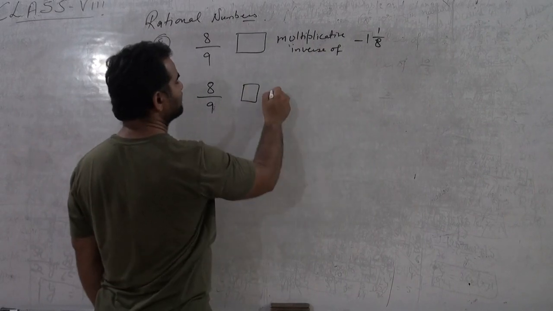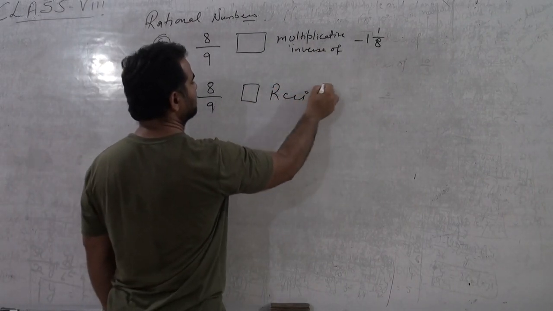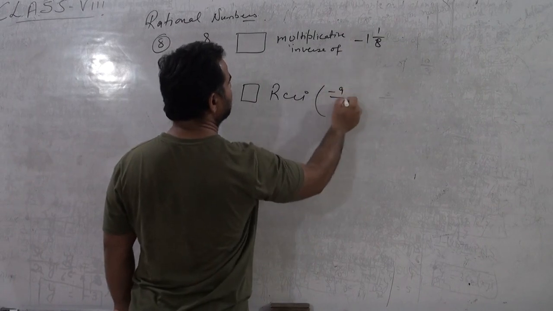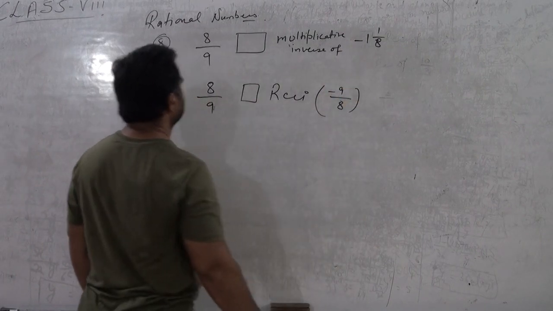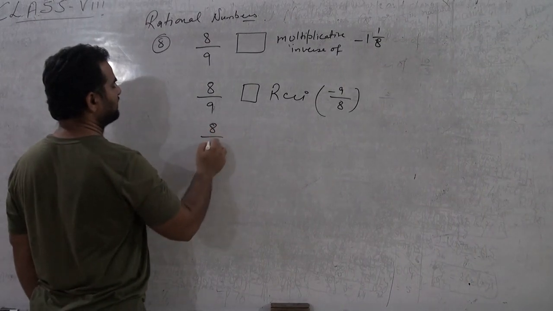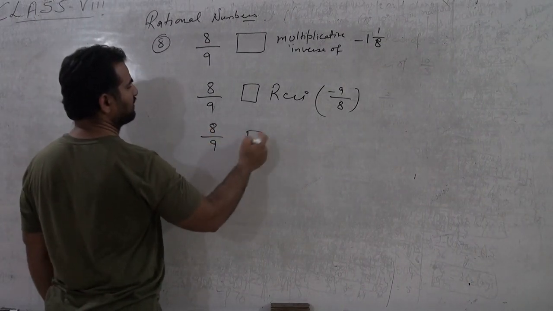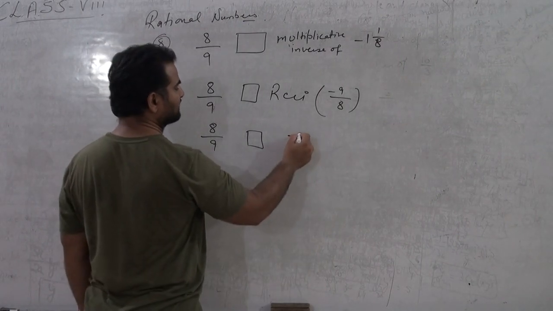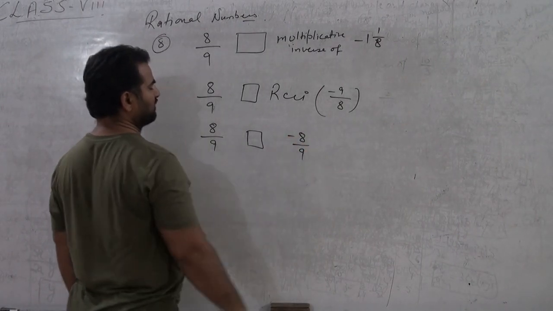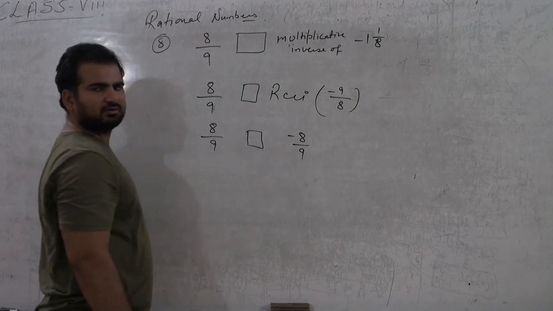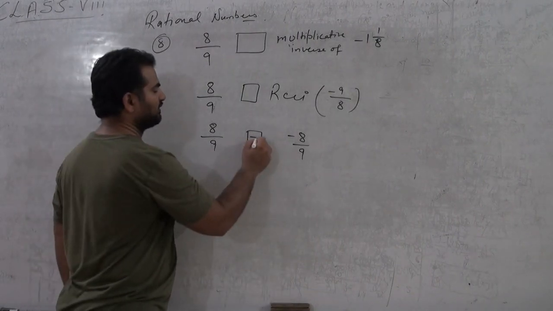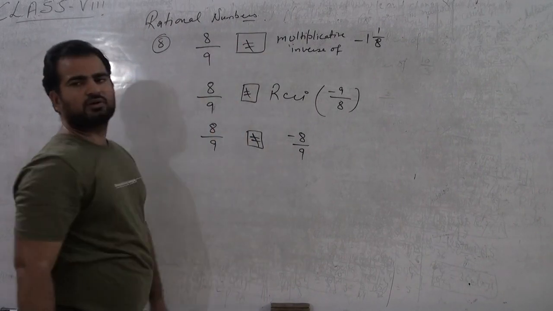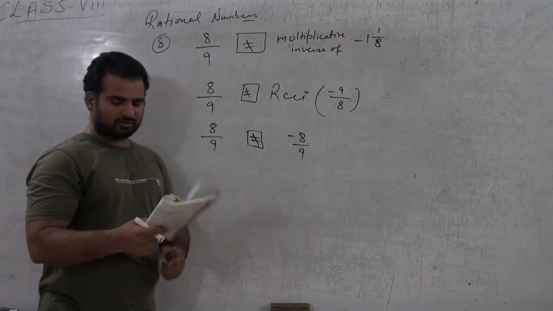Multiplicative inverse means reciprocal of minus 1 1/8, that is minus 9/8. Now, what is the reciprocal of minus 9/8? It will be minus 8/9. Are both of these equal? No. So we will write a not equal to sign. These are not equal.